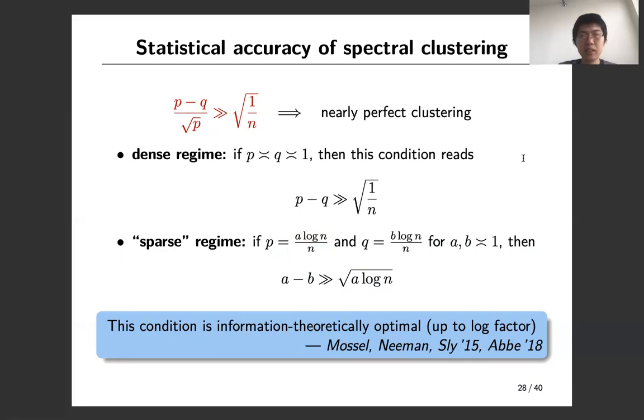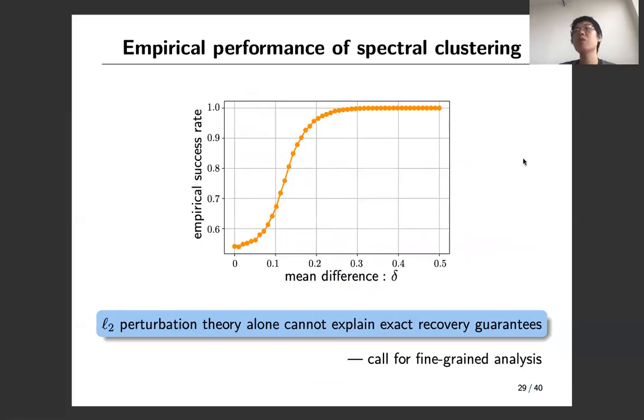So now let's look at the empirical performance of spectral clustering. On the x-axis, I showed you the gap between P and Q. I call it mean difference here, delta. And on the y-axis, I showed you the empirical success rate, which is the probability we observe exact recovery of all nodes in reality. I believe here it is over 200 Monte Carlo simulations.